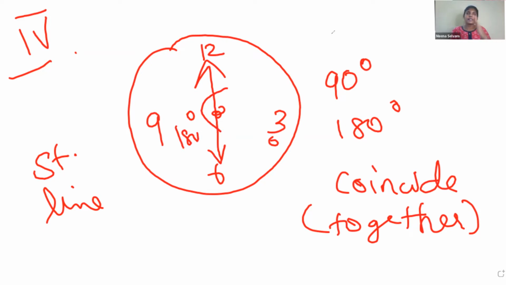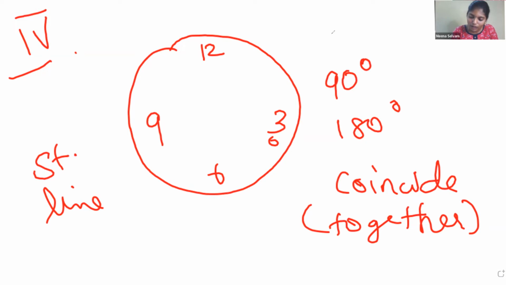So 6 o'clock is exactly opposite to each other. 12 o'clock means it will be different. For 6 o'clock, how many times per day can it happen? For 12 hours, how many times will it happen? For 1 hour, how many times is a straight line happening? Even on this side, when it is 3:45 also, you'll get a straight line.